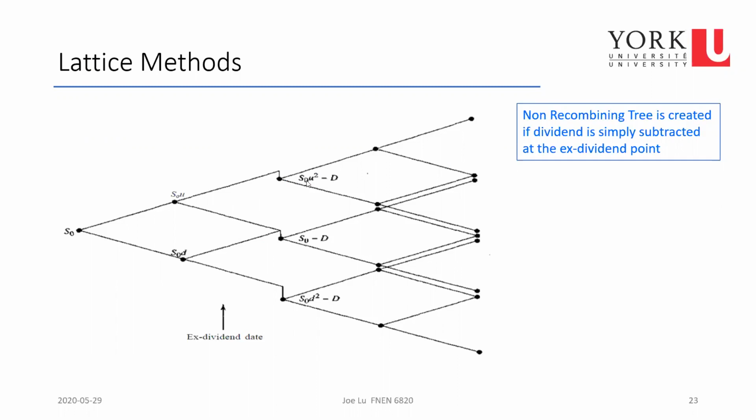Then you have S naught times U squared minus D, and here you have S naught times U times D, which is 1, then times S naught, so we just get S naught minus D. And this one is S naught D squared minus D. Now, once you get to this point, here the tree will not be recombining because here is S naught times U squared minus D bracket times D, the little d.